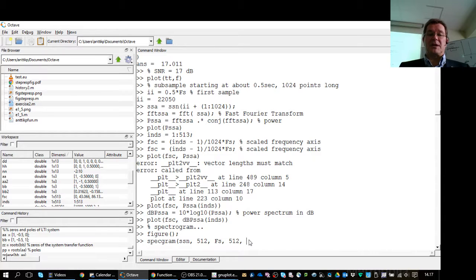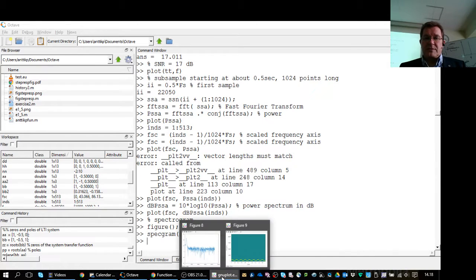Then the next parameter, preferably half of the previous. So this is the overlap. Do you take zero overlap, or do you make the halfway overlap? Halfway overlap works in most cases, meaning the next one starts right here. Good.